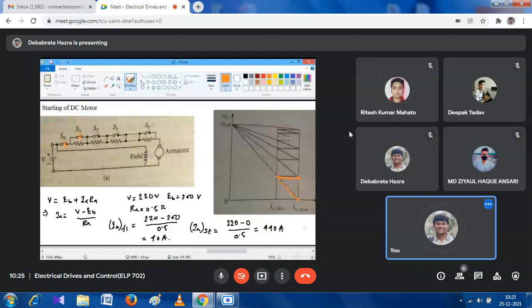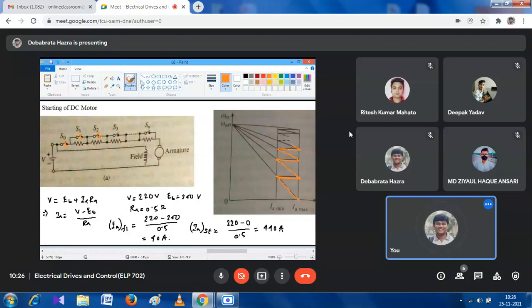Yes, sir. Okay. So after closing the switch S1, the value of the armature current will go from I min to I max at that instant, and then it gradually decreases to I min again. At the second I min, we have to close the switch S2, so the current goes to I max at that instant, and then it also gradually decreases to I min, and so on.